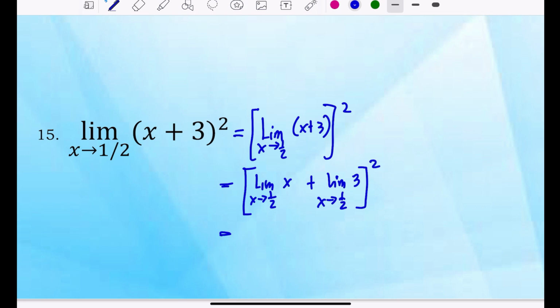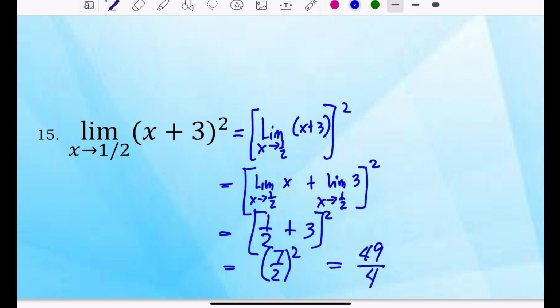So the limit of x where x approaches 1 half is now 1 half, plus the limit of a constant 3 is equal to 3, squared. So add 1 half plus 3 is 7 over 2 in mixed fraction. Then squared, this is equivalent to 49 over 4. So that's the limit of x plus 3 quantity squared where x approaches 1 half.